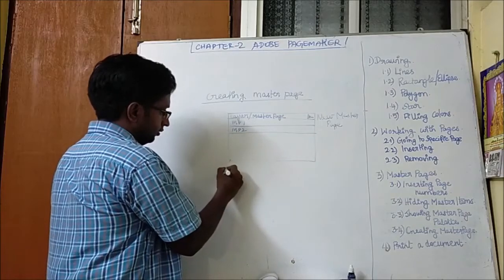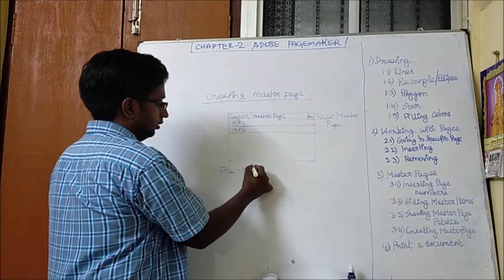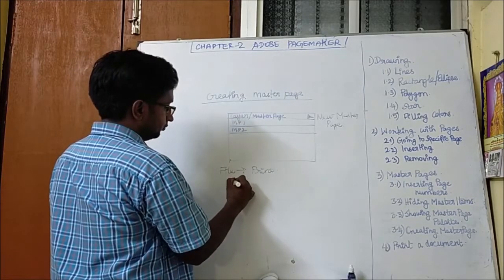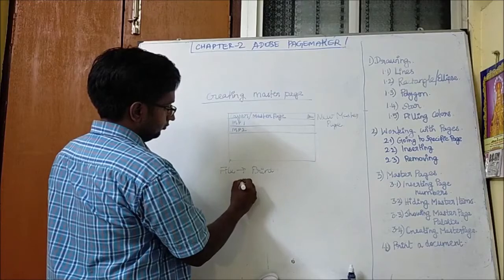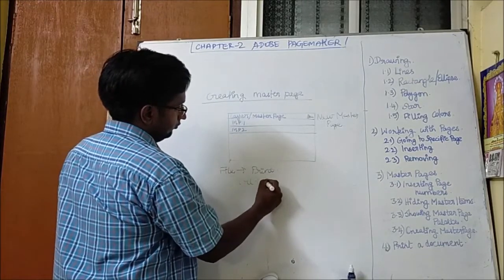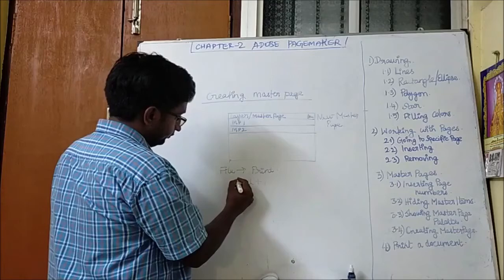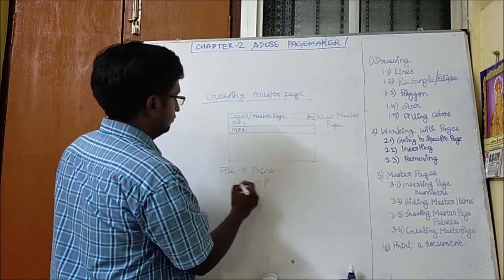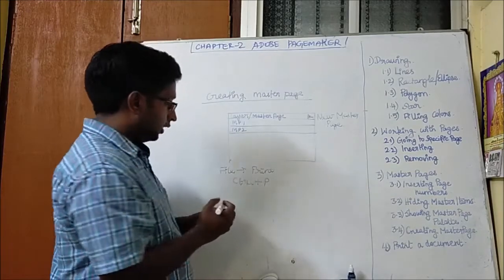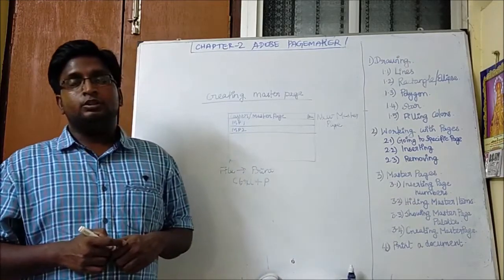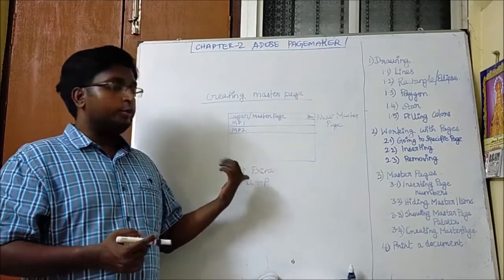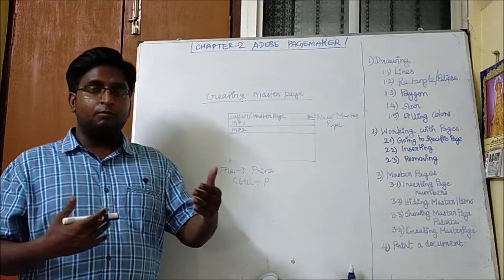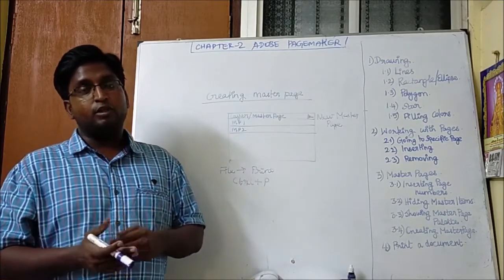Either we can go with File, Print, or Control plus P. With these options we can print the document in various formats of papers.